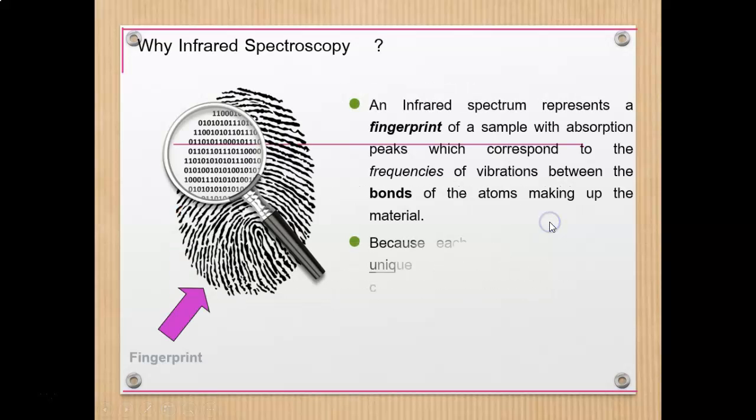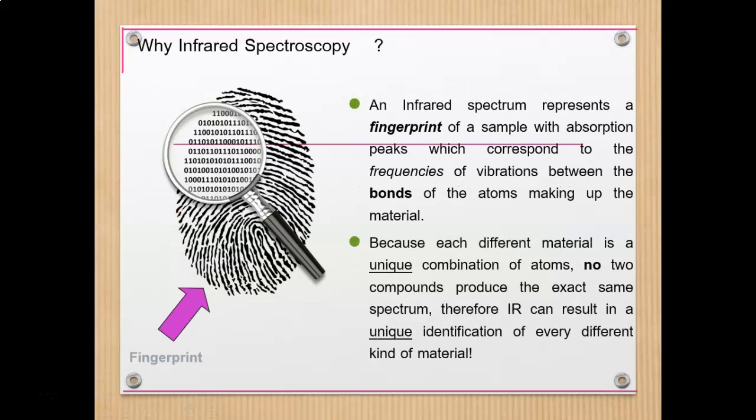Why infrared spectroscopy? An infrared spectrum represents a fingerprint of a sample with absorption peaks which correspond to the frequencies of vibration between the bonds of the atoms making up the material. Because each different material is a unique combination of atoms, no two compounds produce the exact same spectrum.